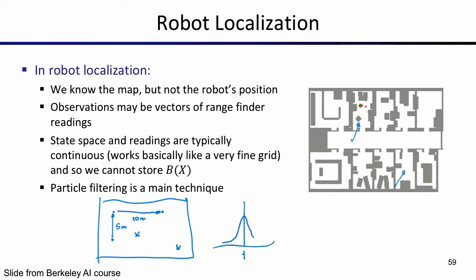So we can put something like a Gaussian here. And the variance of this Gaussian will depend on the robot. So robots that are more precise will have a smaller variance. Robots that are less precise will have a higher variance.